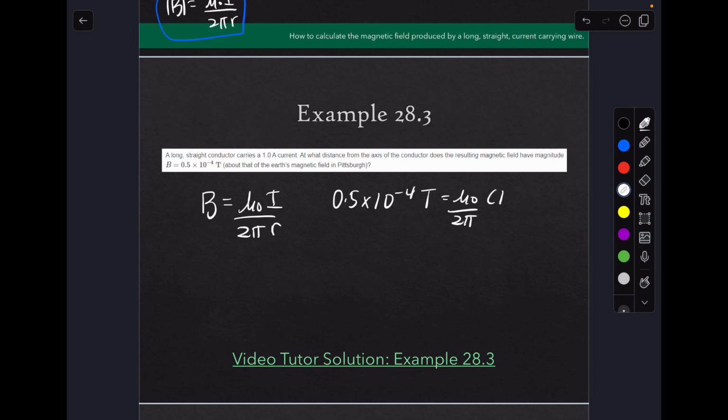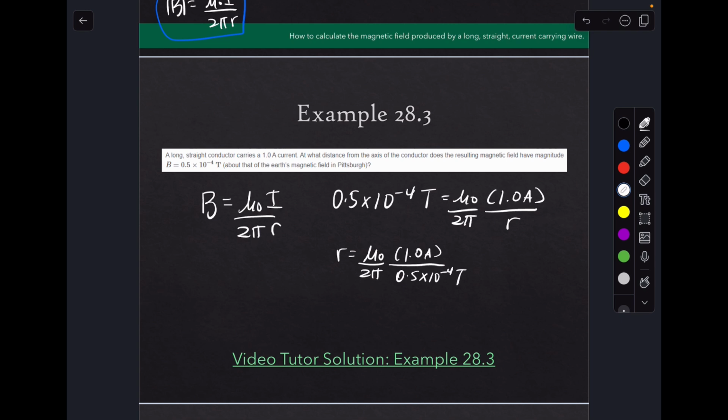We're told that I was 1 amp, and we're asked to find the distance r from the axis of the conductor. So really easily we can solve for r here. R is going to be equal to mu naught over 2 pi, times 1 amp over 0.5 times 10 to the minus 4 Tesla. Just solving for r.